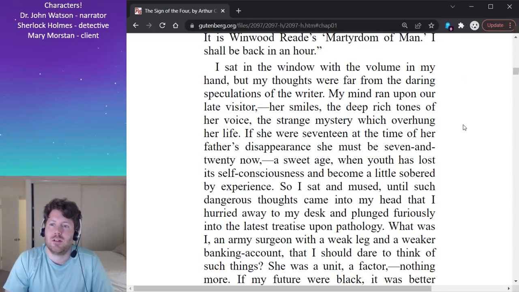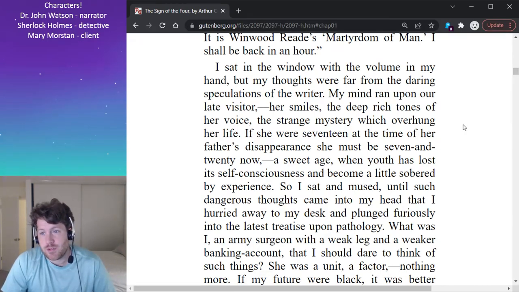I sat in the window with the volume in my hand, but my thoughts were far from the daring speculations of the writer. My mind ran upon our late visitor, her smiles, the deep rich tones of her voice, the strange mystery which overhung her life. If she were 17 at the time of her father's disappearance, she might be 27 now, a sweet age when youth has lost its self-consciousness and become a little sobered by experience.